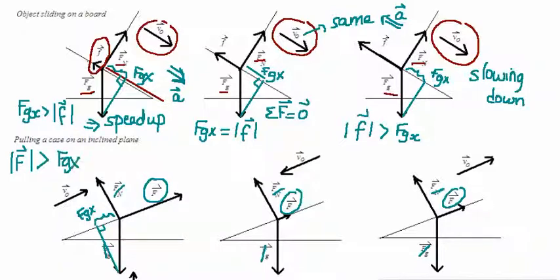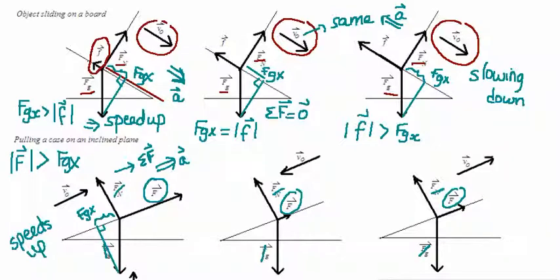So force F wins, and the net force will be uphill. Therefore, your acceleration is going to be uphill as well. Since the acceleration is in the same direction as the initial velocity, the object is speeding up.